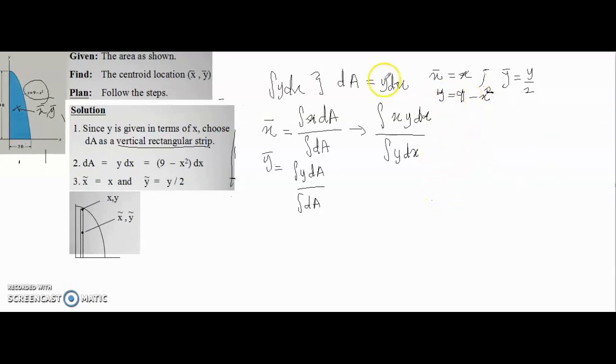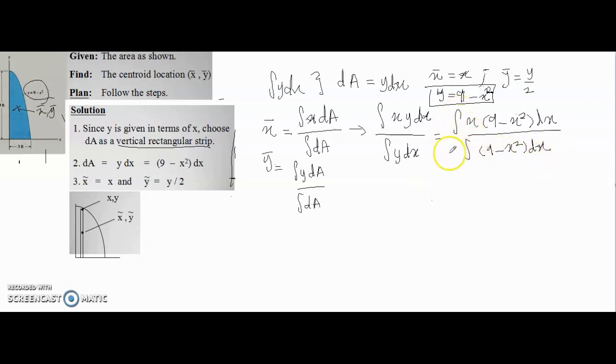So substitute all the information into the equation, which means this is equal to the integration of x times, substituting y with the equation here, 9 minus x squared dx, over the integral of y, substituted with this equation, 9 minus x squared dx.